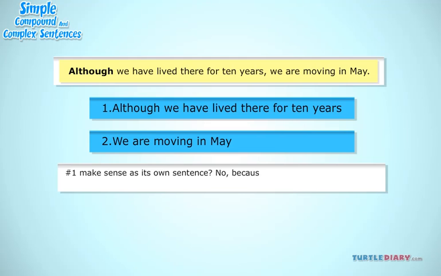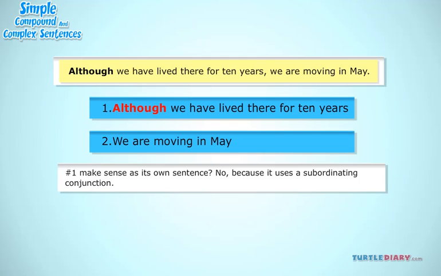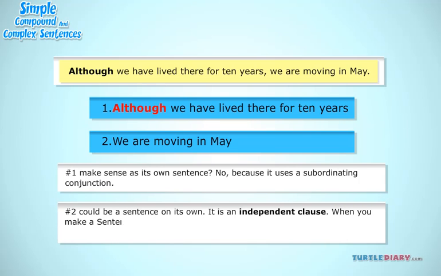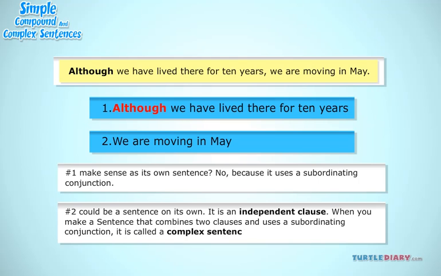No, because it uses a subordinating conjunction, and we know that there has to be something after that clause. Number 2 could be a sentence on its own. It is an independent clause. When you make a sentence that combines two clauses and uses a subordinating conjunction, it is called a complex sentence.